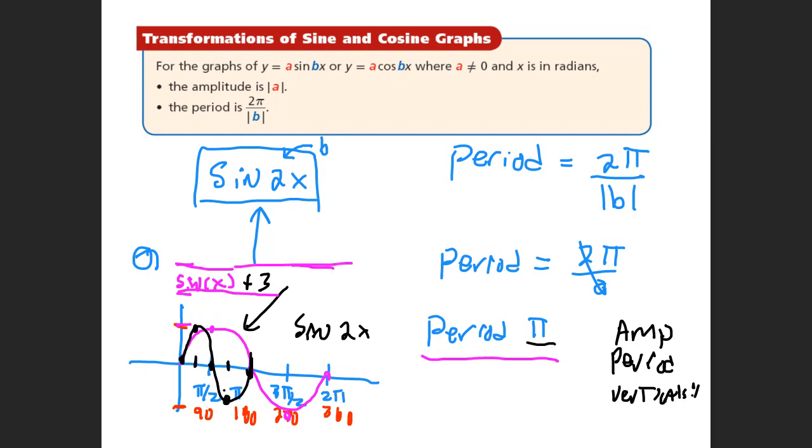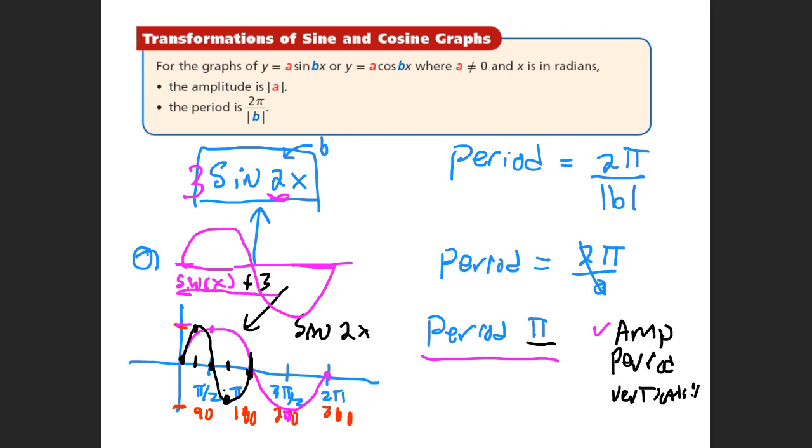It's going to go up, down, and back up. That plus 3 behind there just shifts it up 3 units. Just like all of our graphs, the number behind it is going to shift it up or down. This number inside here is going to change the period. Now, if I put a number in front of here, what does that do? That changes the amplitude.